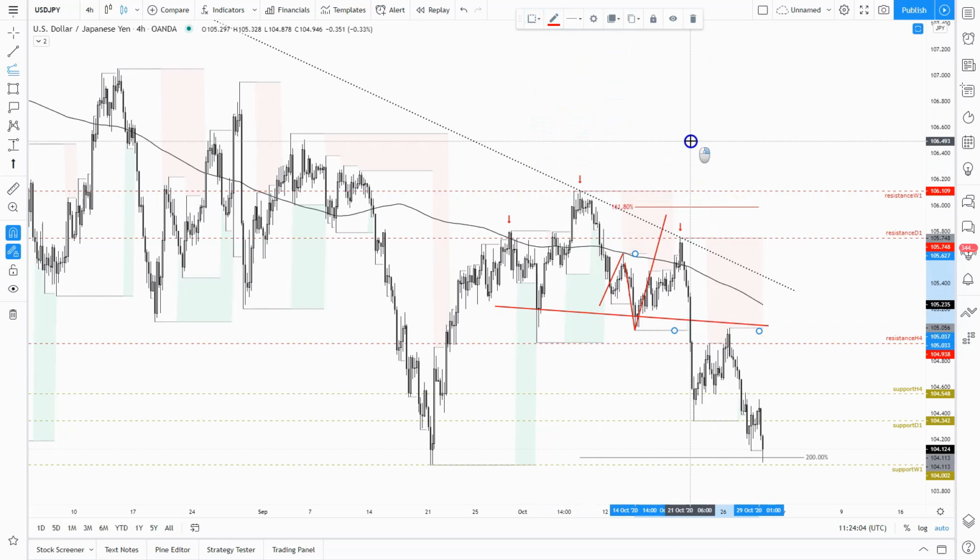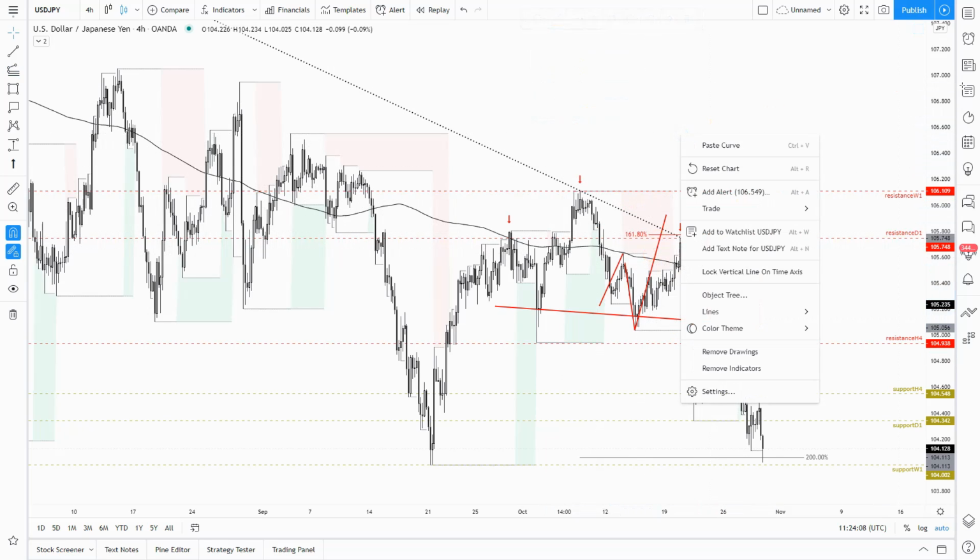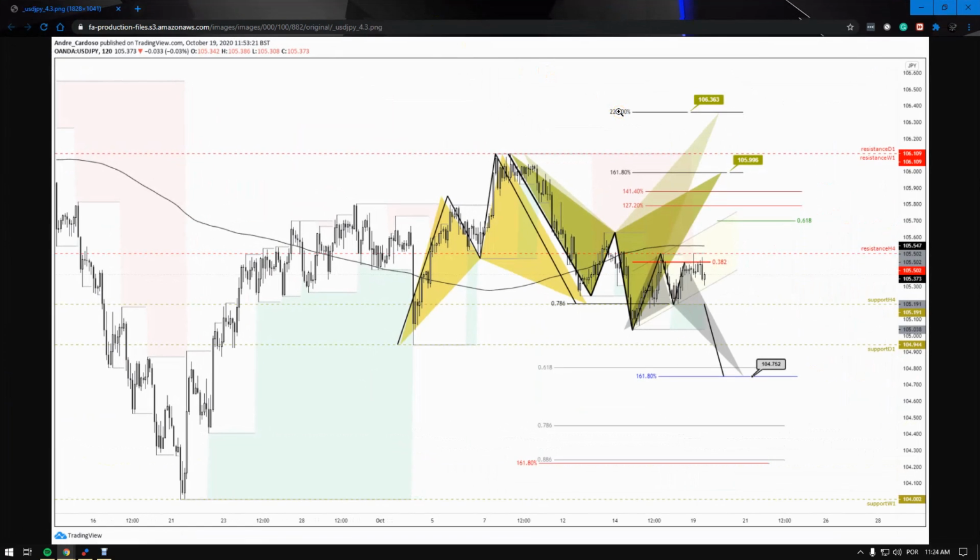$161.8 extension. The market ends up not trading there, and let me just confirm that, because I always like to confirm things. Dollar versus yen. Exactly.